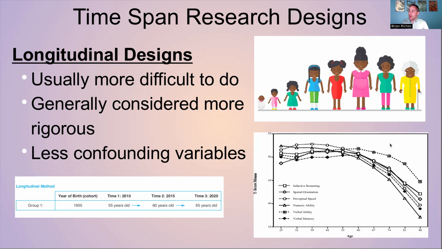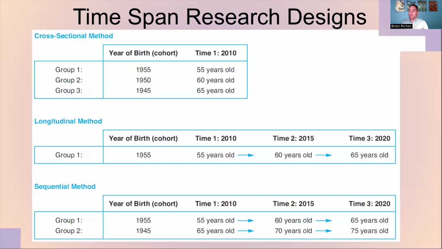We can keep our cognitive capacities increasing until we die, which I think is fantastic, aside from having a neurodegenerative illness. If you're using your brain, the plasticity will allow it to keep gaining capacities unless you do have something like a neurodegenerative illness, a big risk factor there. But yeah, this is longitudinal designs. It's kind of the gold standard in developmental research because it shows us very clearly how people change over time.